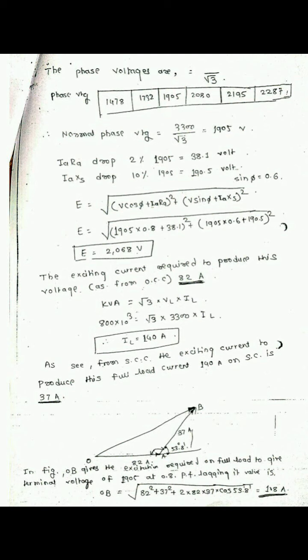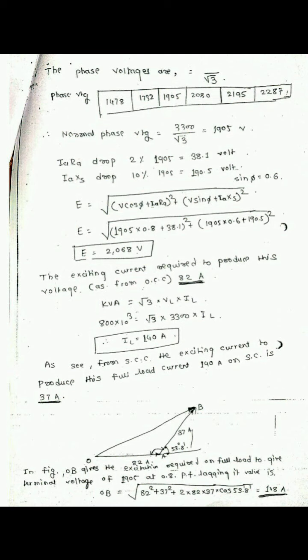The value of OB is near about 1.8 ampere. Substitute all the values of a, b and cos theta, where the angle is 180 minus 126, that is 53.8. It will give you the value of OB, that is 1.8 ampere. This is one of the methods.